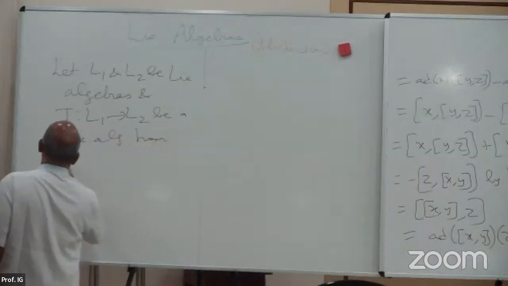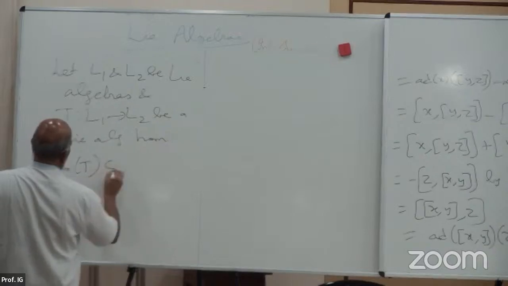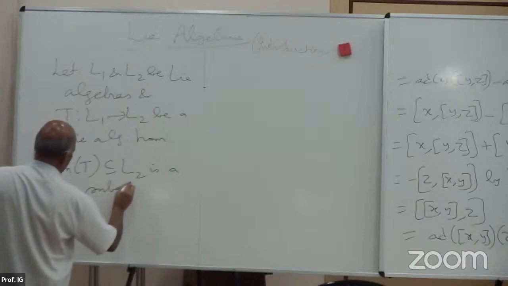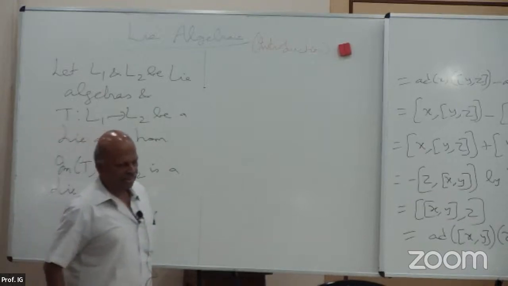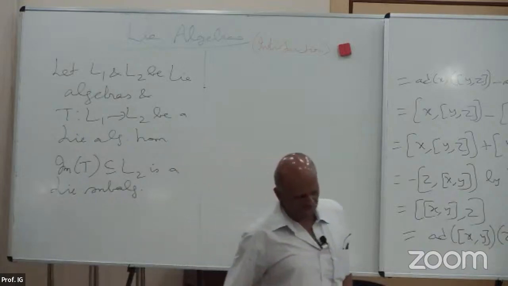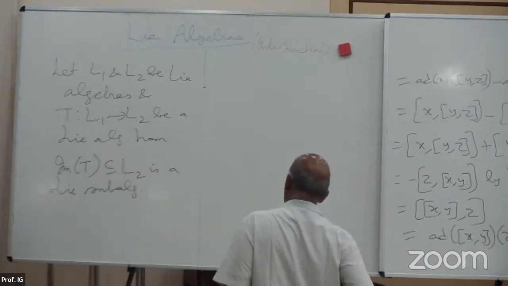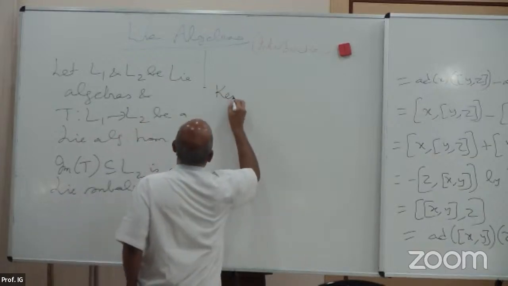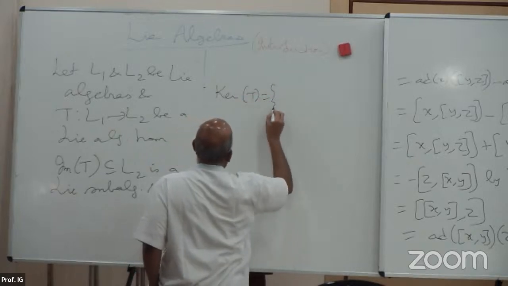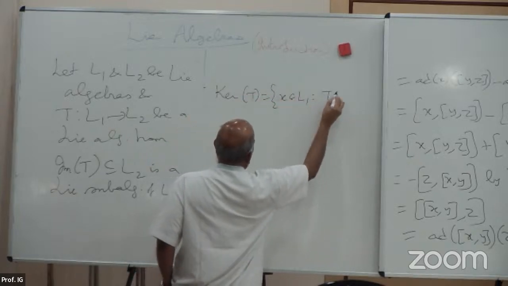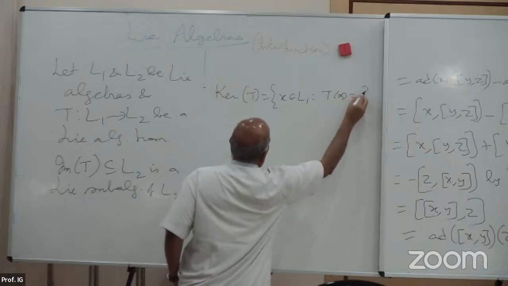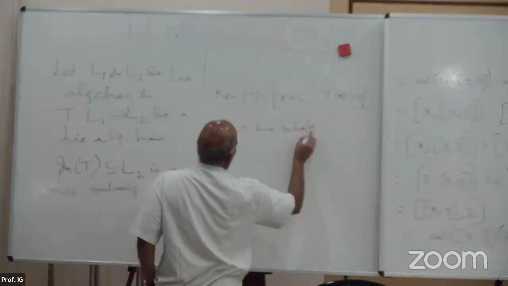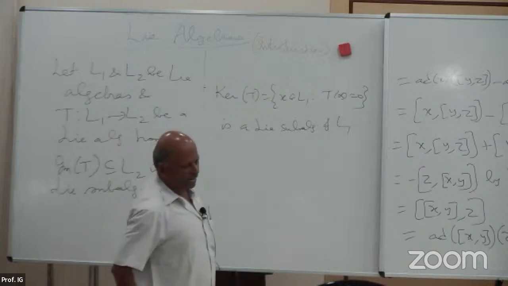If you take the image, these are all easy verifications that the image of T, contained in L2, is going to be a Lie subalgebra of L2. And then we have the kernel of T. This is a Lie subalgebra of L1. These are all routine checking.